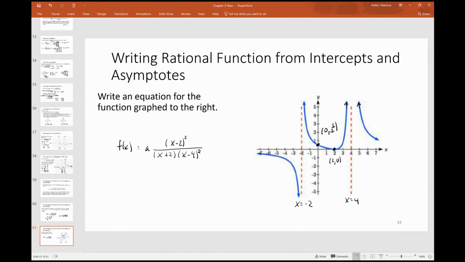Okay, let's see, if it's (0, 1/2), I have these x and y coordinates, that would mean that 1/2 has to equal a times (0 minus 2) squared, which is 4, over (0 plus 2) times (0 minus 4) squared, that's 16. 2 times 16 is 32. Of course, that'll reduce down to a times 1/8.